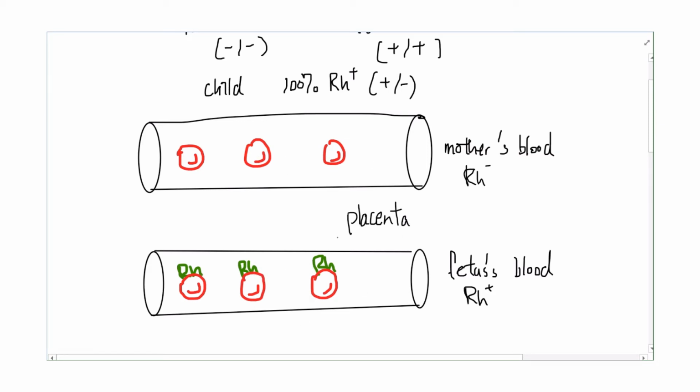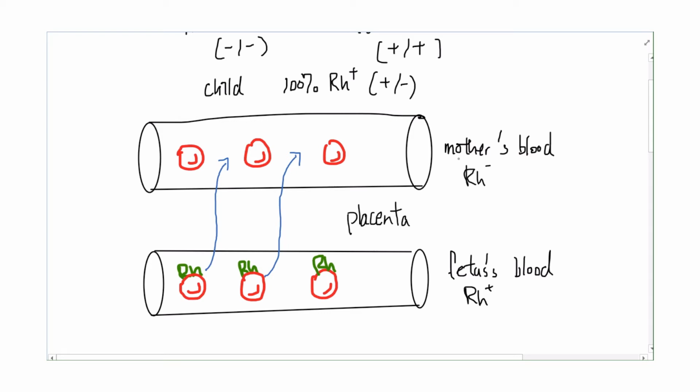However, during delivery, there is a possibility that the placenta is damaged, and so the baby's blood is able to enter the mother's bloodstream. So let's say that that's what happened. During delivery, the placenta is ruptured, damaged, and some of these Rh positive cells are going to go into the mother's bloodstream like that.